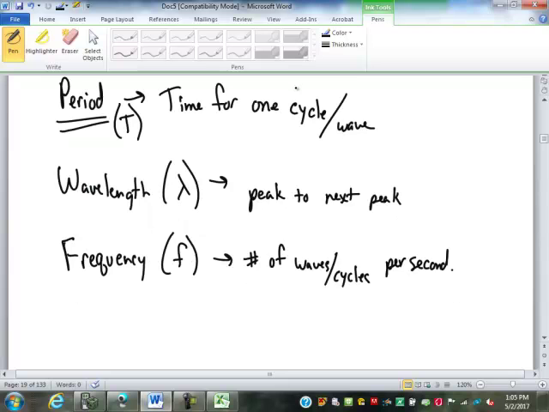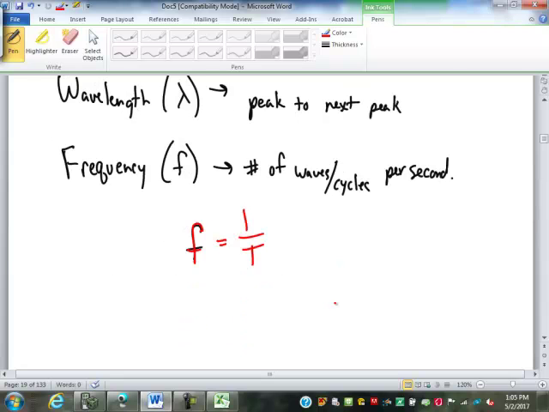The relationship between these, of course, is your frequency is the reciprocal of your period. 1 divided by your period. So if you know your frequency, what's the standard frequency? It's usually megahertz, right? Gigahertz?